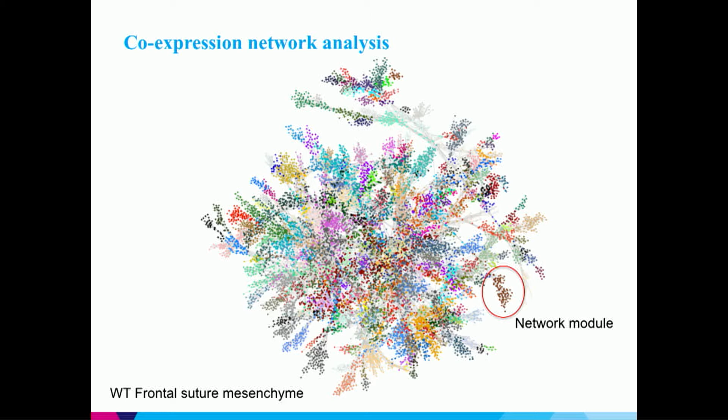We then use these correlations in gene expression profiles to build a co-expression network, like the one I'm indicating here for the wild-type frontal suture mesenchyme. Each of the nodes in this network corresponds to a gene, and the connections between these genes indicate the degree to which they are co-regulated across the conditions that we are interested in. So, of course, these networks get very big.